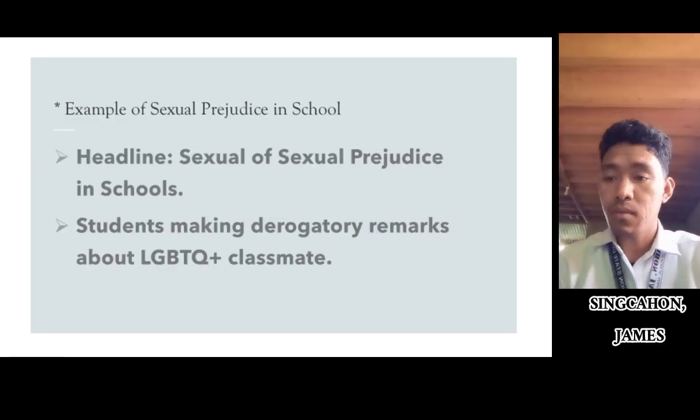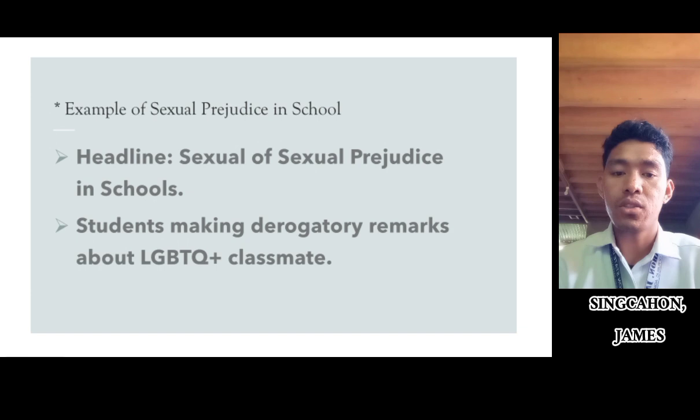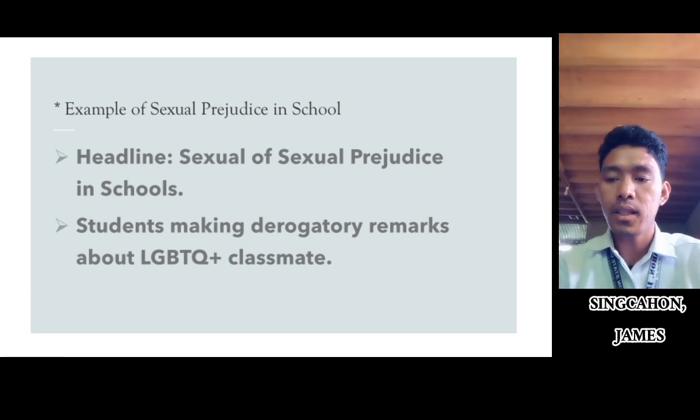Sexual prejudice refers to negative attitudes, discrimination, or bias against individuals based on their sexual orientation or gender identity. This often affects LGBTQ plus students in school environments, leading to bullying, exclusion, or verbal abuse.